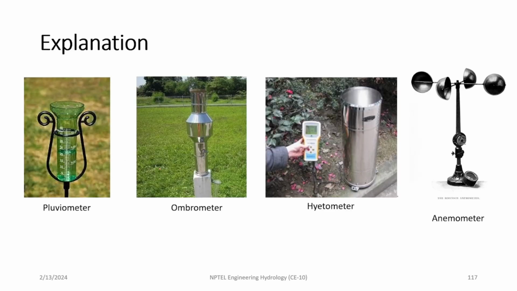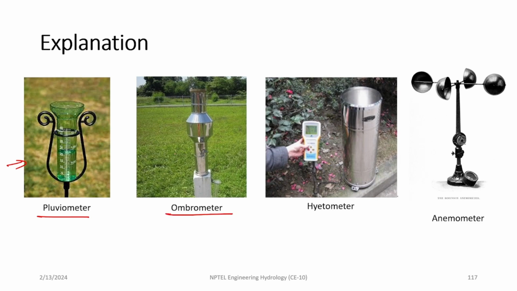You can see there are some pictures representing different kinds of rain gauges. The pluviometer is also a rain gauge, a non-recording type. In this picture it is just a graduated glass, and whatever amount of water is stored in it, we designate as the total rainfall in the area.